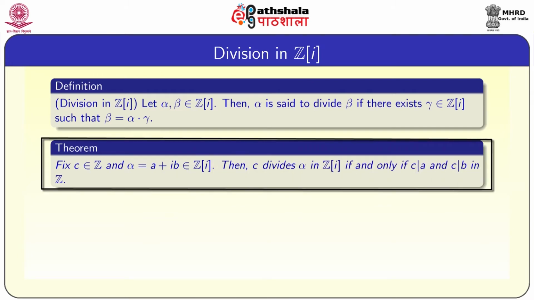One of the important results in the division of integers is: fix c belonging to Z and alpha equal to a plus ib belonging to Z[i].